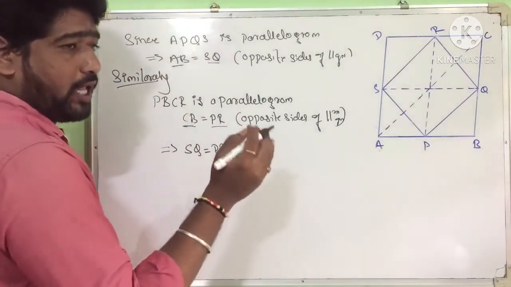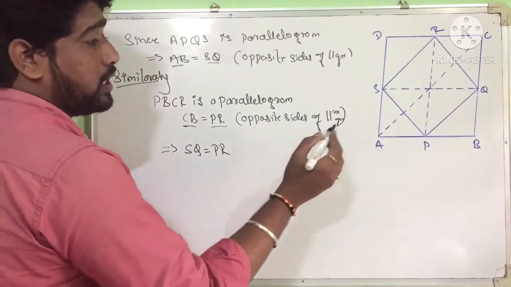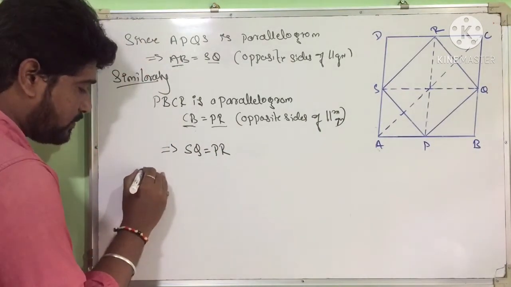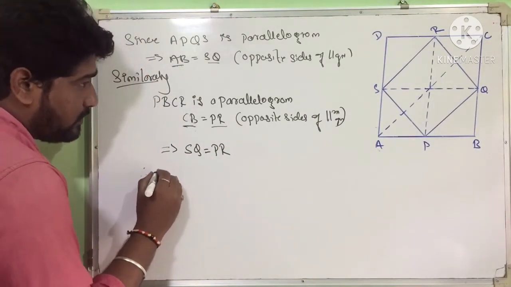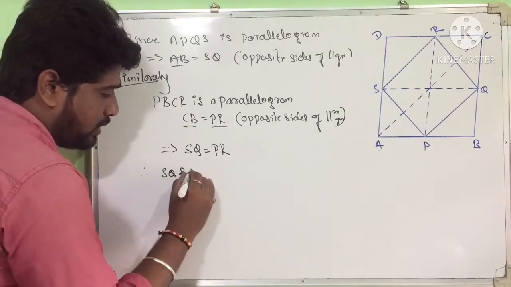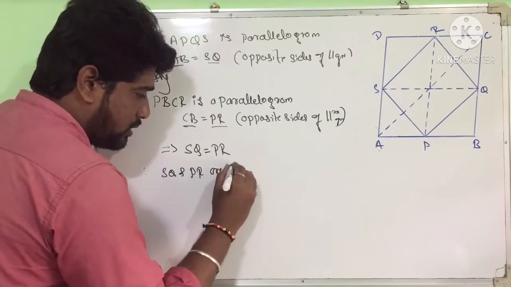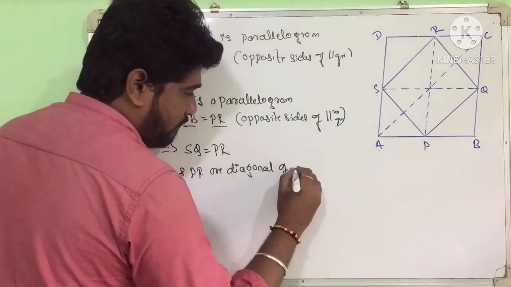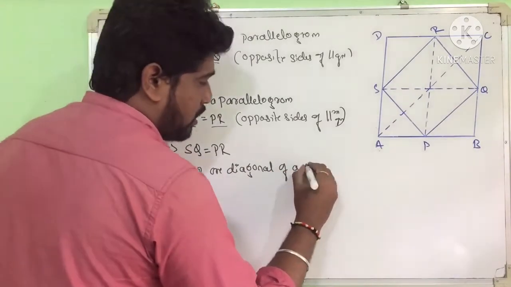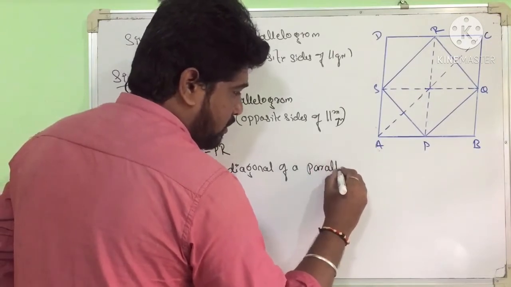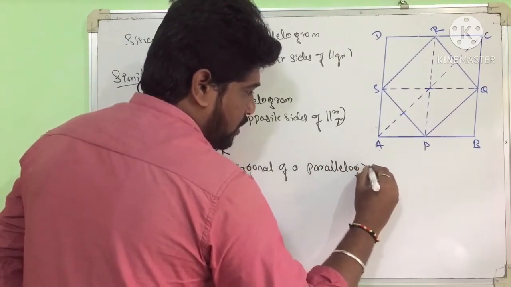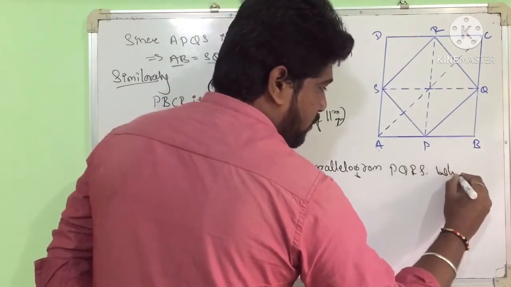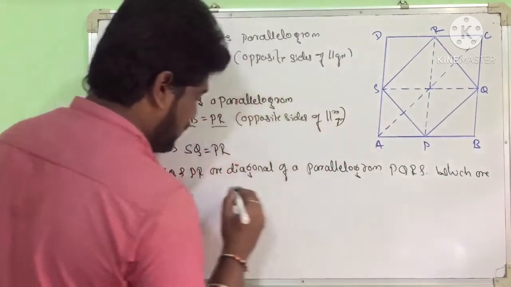So already we proved in the first exercise, first problem, in a parallelogram, if diagonals are equal then it is a rectangle. So write down here. Therefore, SQ and PR are diagonals of a parallelogram PQRS, which are equal.